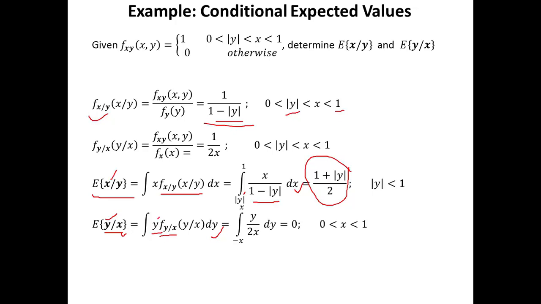Since we are integrating with respect to y, which is defined as magnitude y less than x within that region, we need to integrate from y equals minus x to y equals plus x. If you integrate, you will get 0. So the expectation of x over y we are getting as 1 plus magnitude y by 2, and the expectation of y over x we are getting as 0.